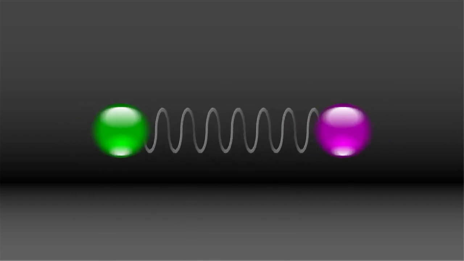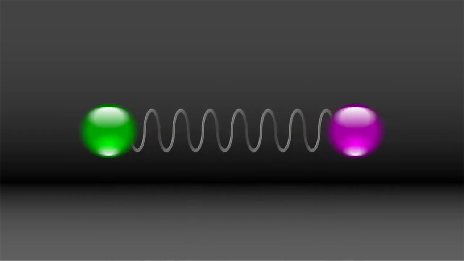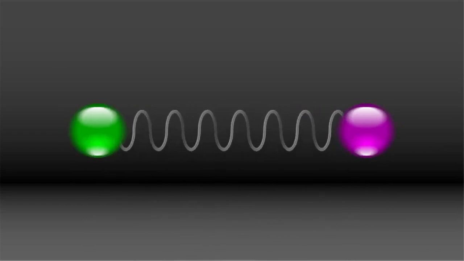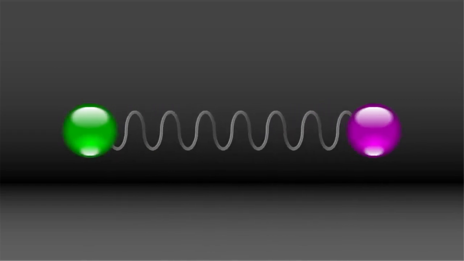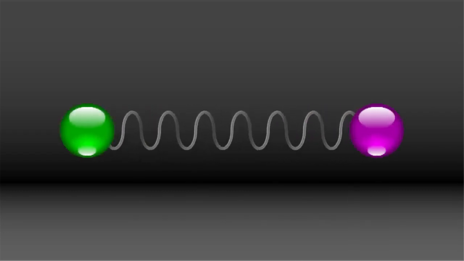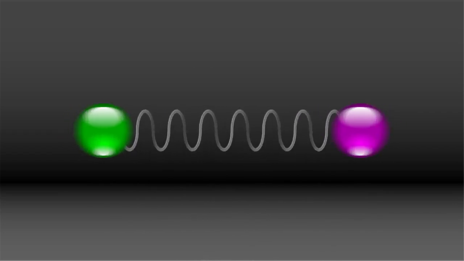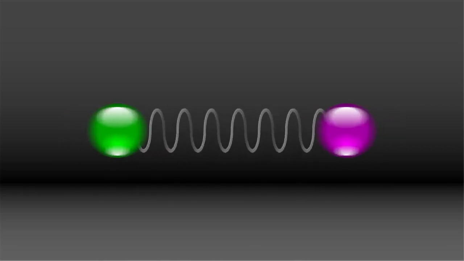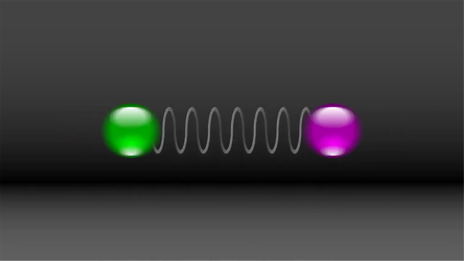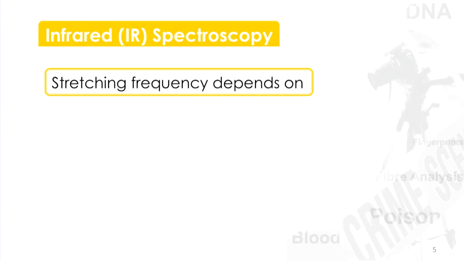Now, if we take a simple molecule where you have two atoms connected together by a bond, this behaves very much like the classical simple harmonic oscillator. And the frequency with which that molecule will vibrate, the bond stretching backwards and forwards, depends on two things.